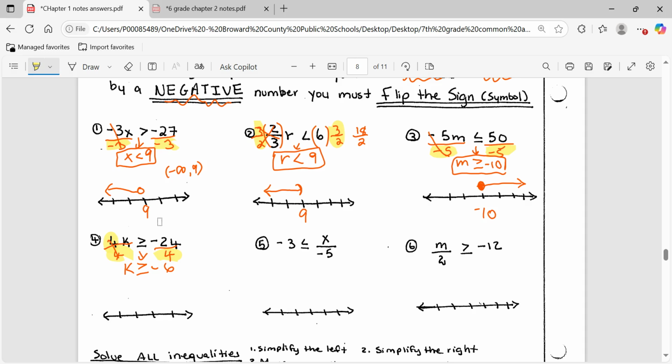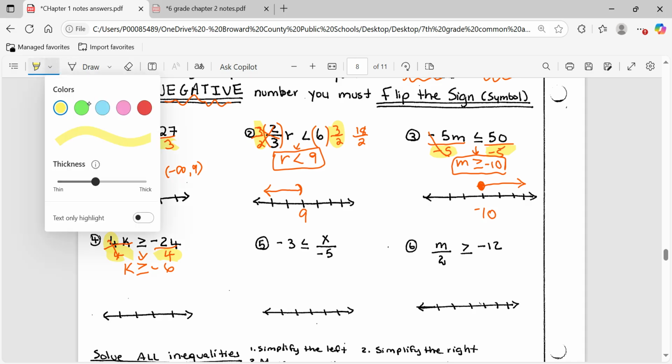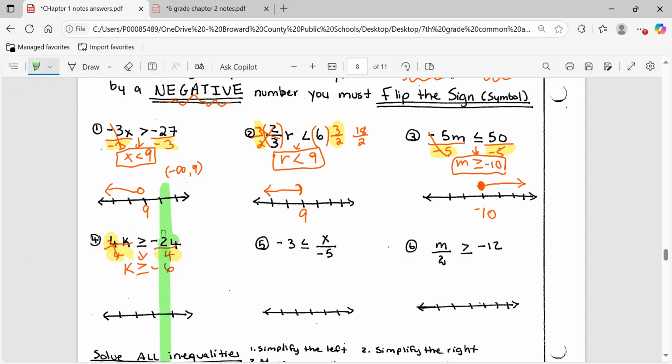It doesn't matter whether this number is positive or negative. It just matters if the number you're dividing by or multiplying by is positive or negative. So I would keep the sign. On the number line, I would have to have negative 6.